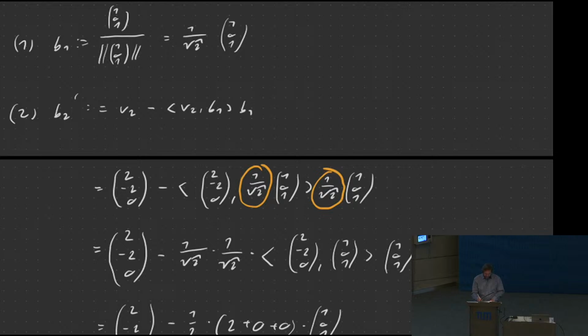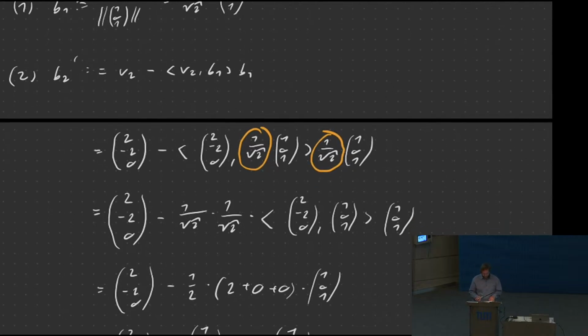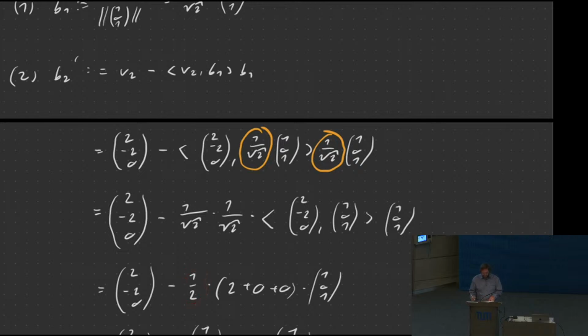The normalization factor appears here and here, so you have that twice. And remember, by bilinearity of the scalar product, you can take that out. And that means I have those two normalization factors here, and that way I get rid of the square root. 1 over square root of 2 times 1 over square root of 2, that's just 1 over 2. So that looks a little nicer. Don't forget to do that before you do these computations here. That makes things a little nicer.